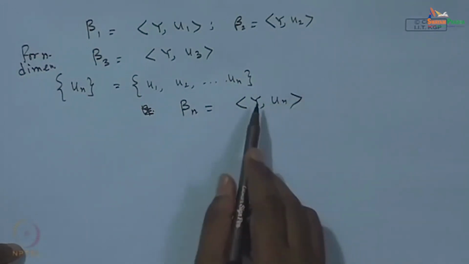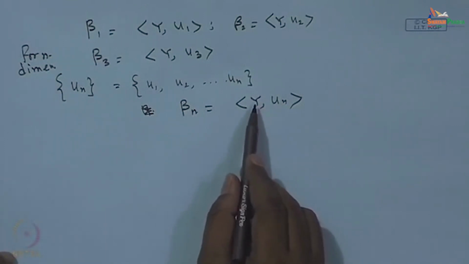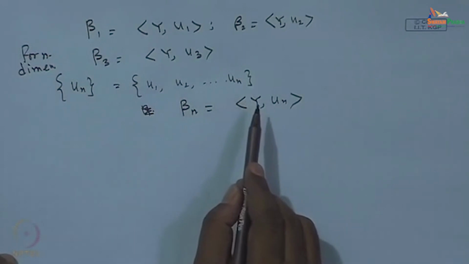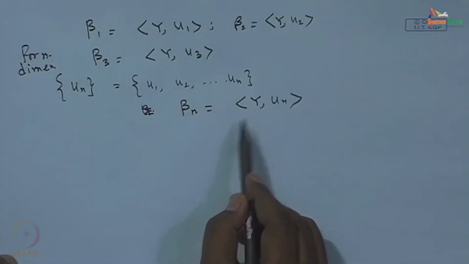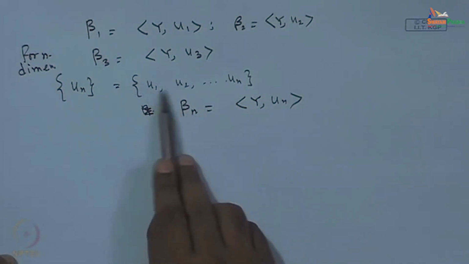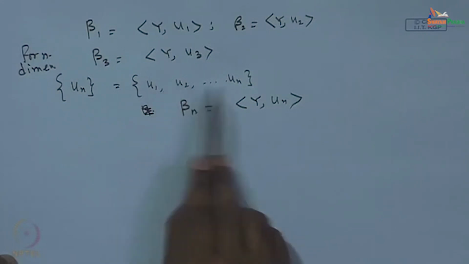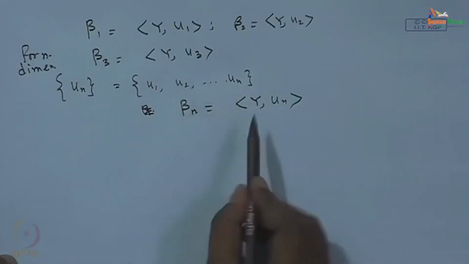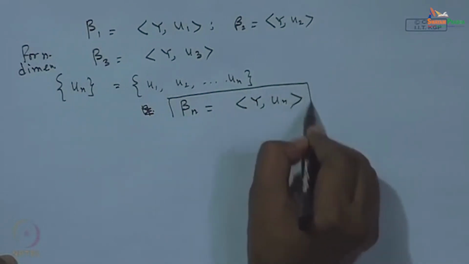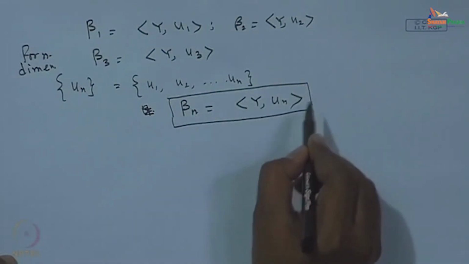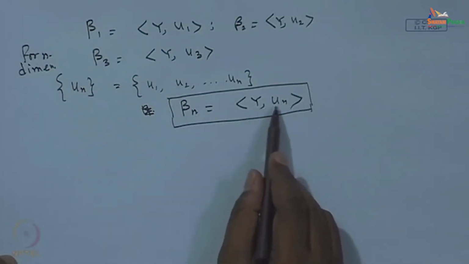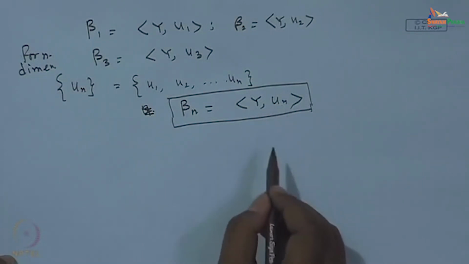That means, if y is a vector in the n dimensional space, it can be expressed as a linear combination of all the independent basis set vectors, and the corresponding coefficient can be evaluated by simply taking the inner product of that vector and the nth vector of the basis set.